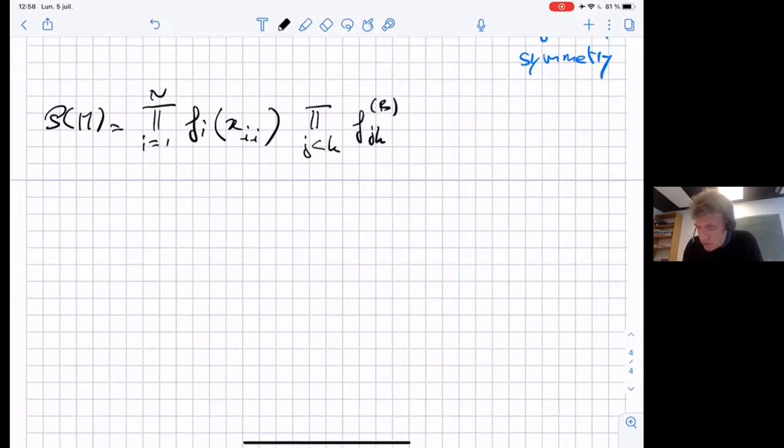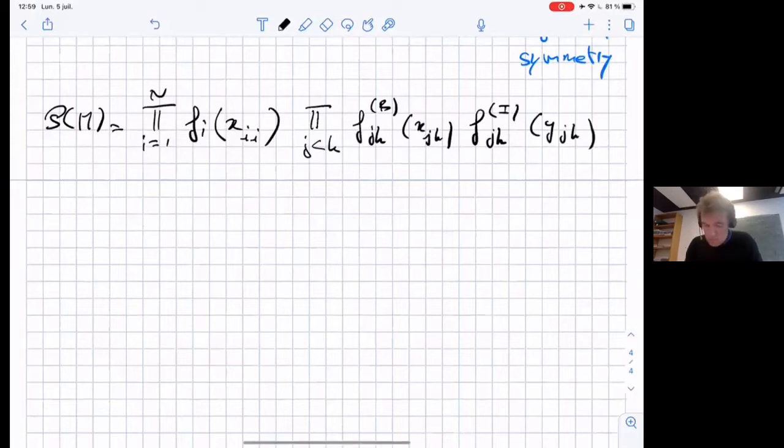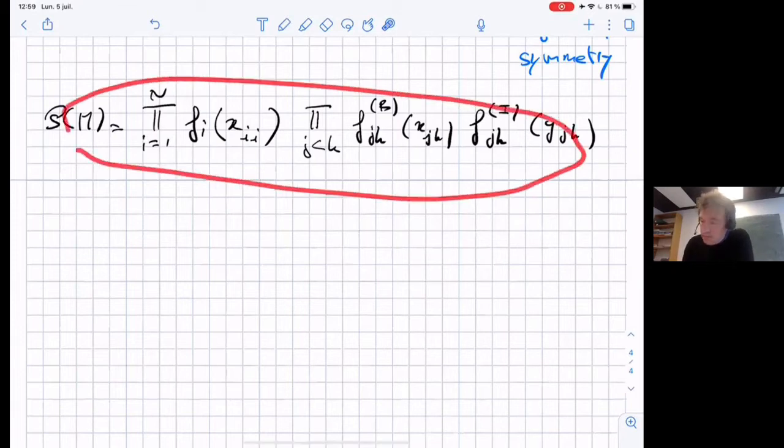So this is for the real part, and then you might have a similar one for the imaginary part. That's quite straightforward, and that defines Wigner matrices.